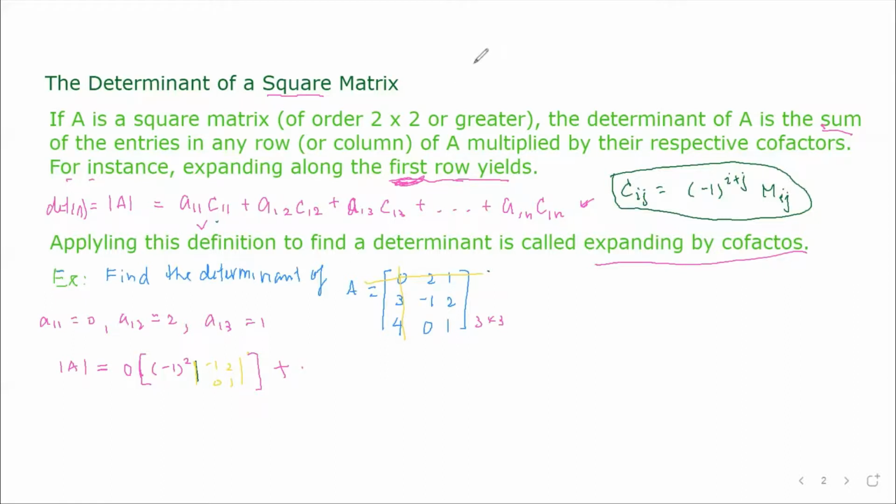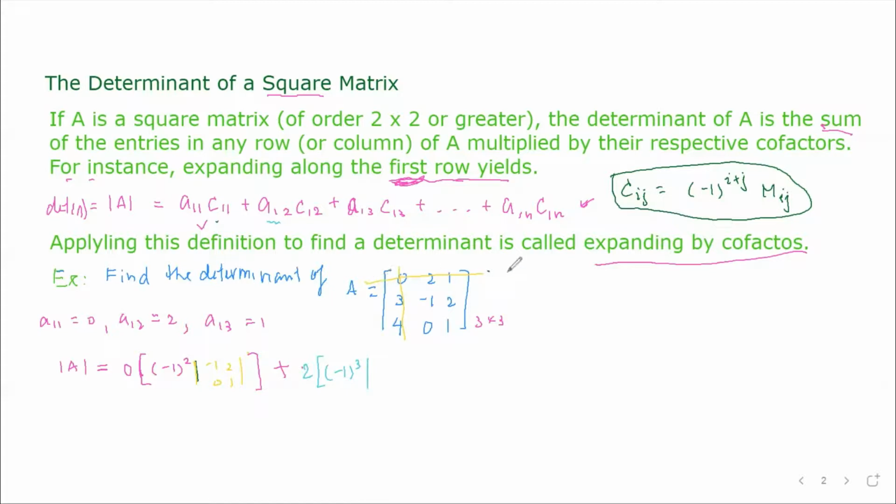Maybe I write it down. Right, now we go on here. So we write 2 here, and now times the cofactor formula, which becomes (-1) to the power 3, because it's 1, 2. And then you write the determinant of this one.